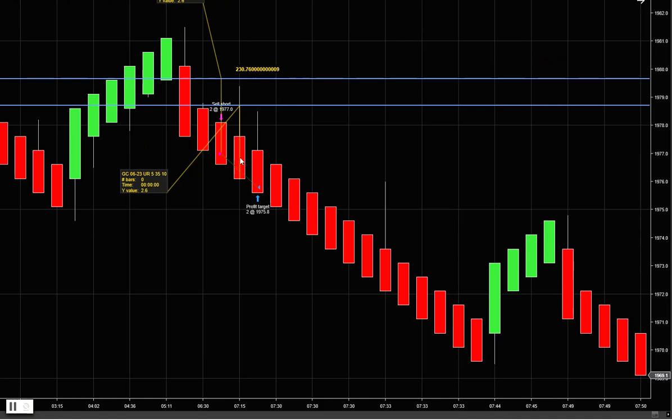It actually went up, went up, went up, and then stopped right here, and did not hit the stop loss, which is right here.